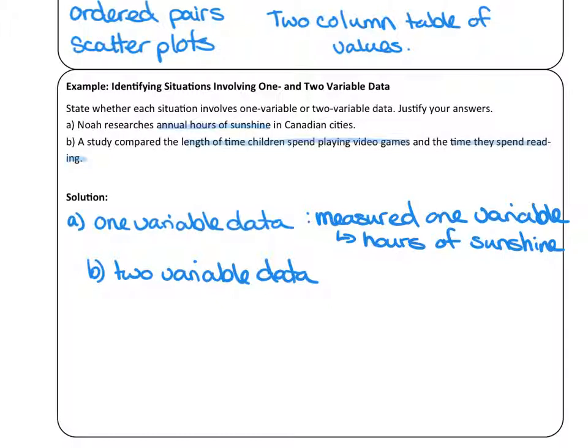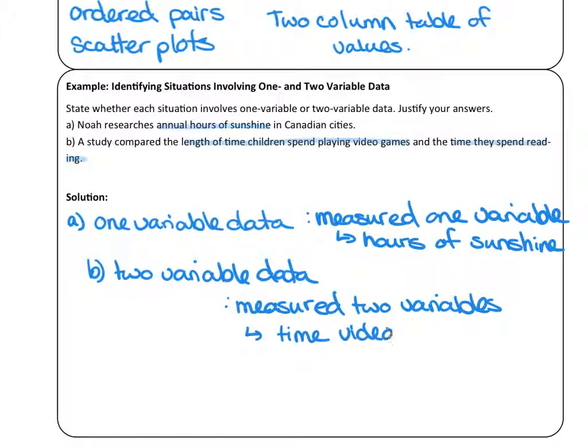And in this case, you could say measured two variables, and you might actually list them. Time playing video games. And then they also looked at the time reading. So in that case, it had two different things.